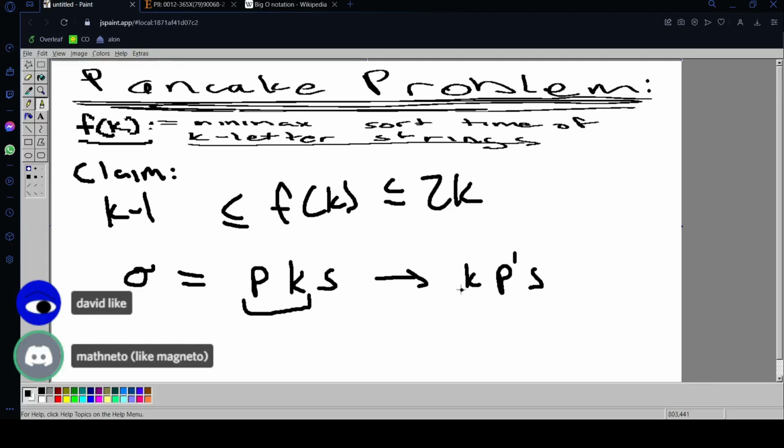Now I'm going to do a reversal on the entire string, which will send us to S reversed, then P back in its normal order, and k at the end. So now we've spent 2 moves and we've put k at the back of the string.